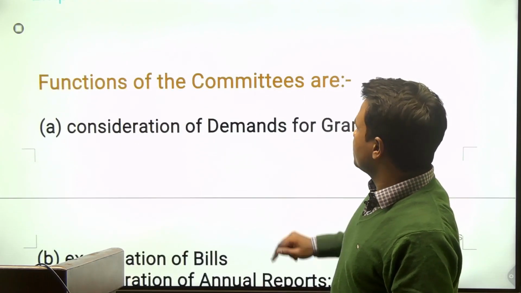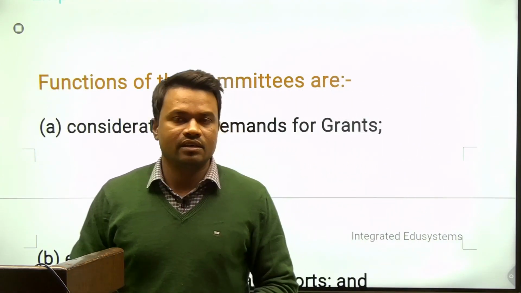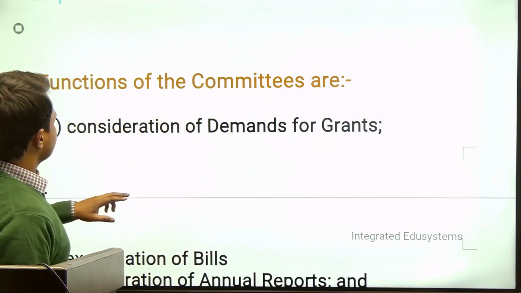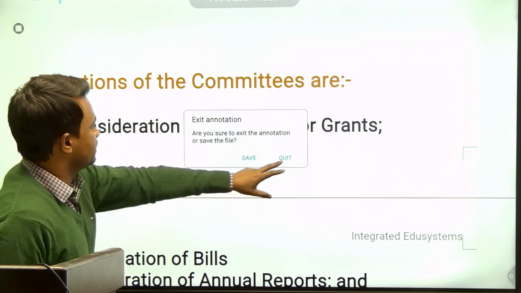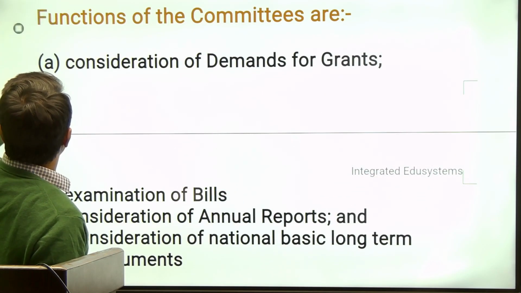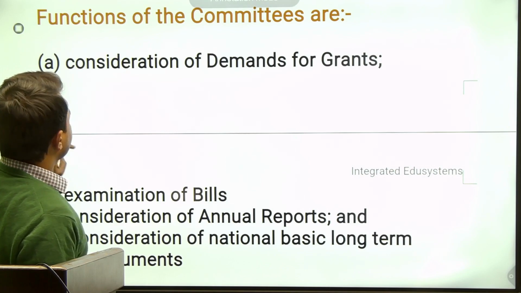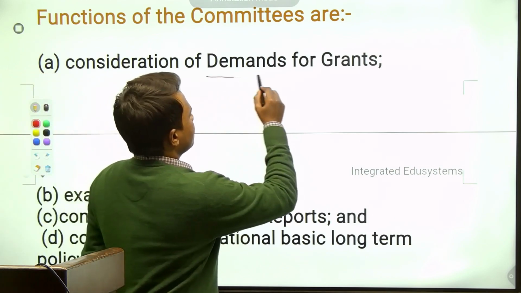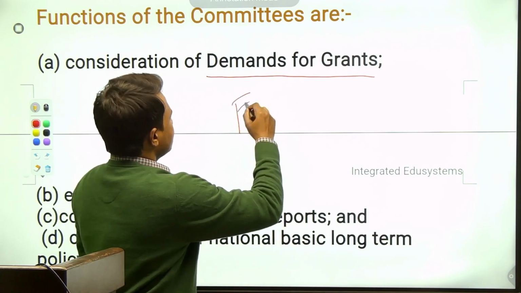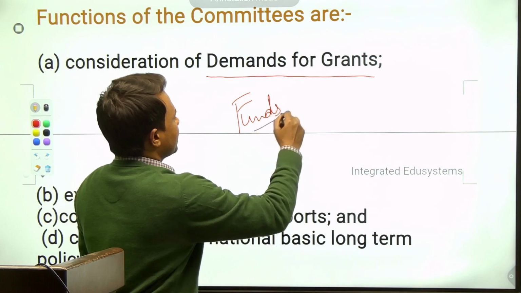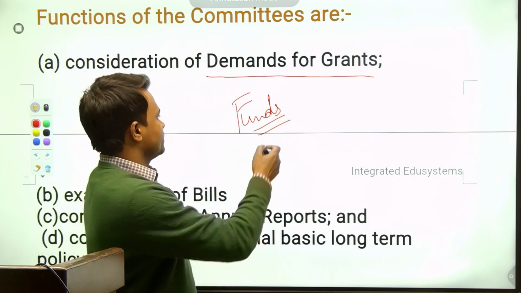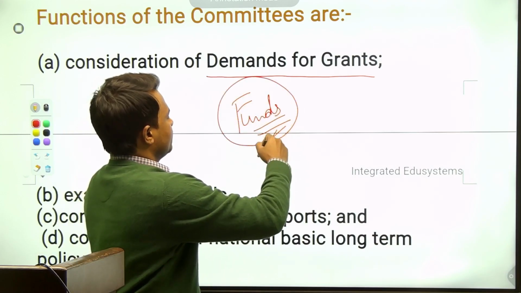Now the functions of the committees; this is important from the exam point of view. The first important function of these committees is the consideration of demands for grants. So what is this? Now we need to understand it. Every ministry needs grants, that is, funds. Funds are the backbone for the ministry or department to deliver its duties.